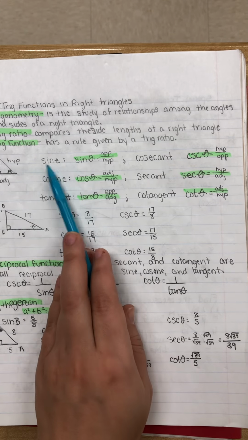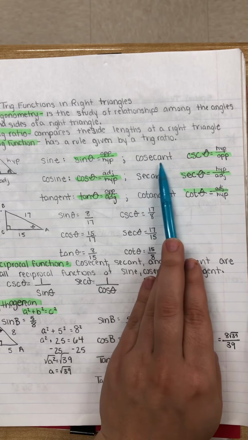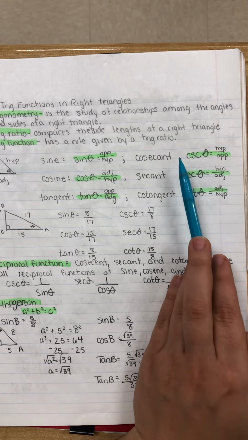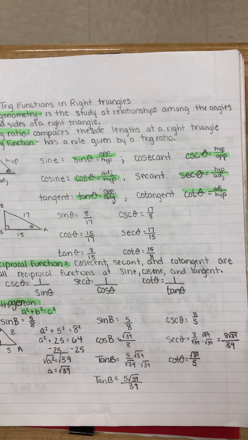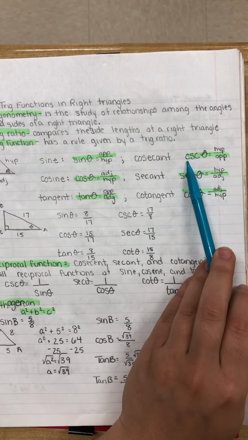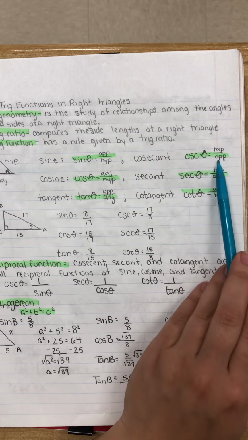So the inverse of sine is cosecant. I spelled the whole word out for you. The abbreviation for cosecant is CSC. Cosecant of theta is just the inverse, the flip of sine, so it's hypotenuse over opposite.